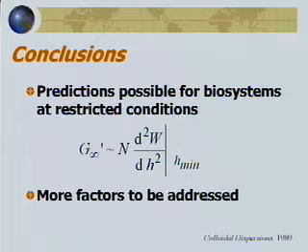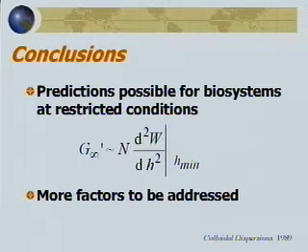So to summarize, the predictions are possible for some specific conditions, even for complex biosystems. And what interests me was because if we know this interaction between particles, we can correlate this to the rheological properties.